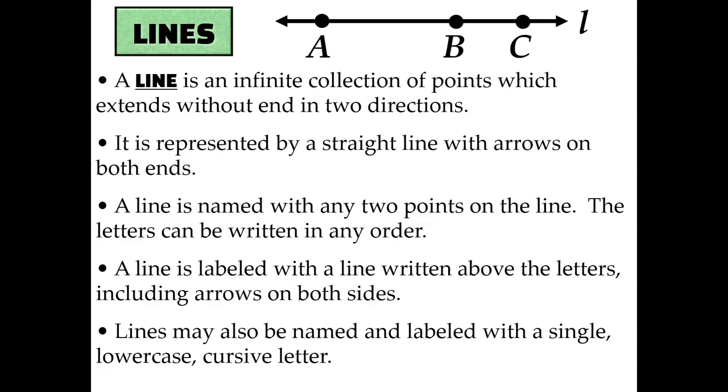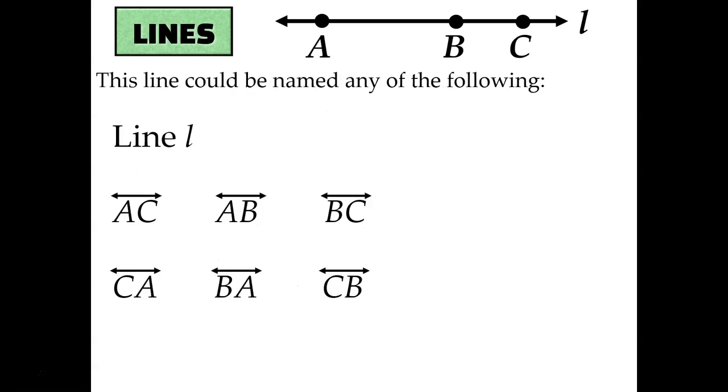So A, B, and C are points, because they're capitalized and because each of those letters are next to a circle on the line. Whereas L is a lowercase cursive letter that's not directly next to a circle on the line, and therefore it's just a generic name to refer to the line.